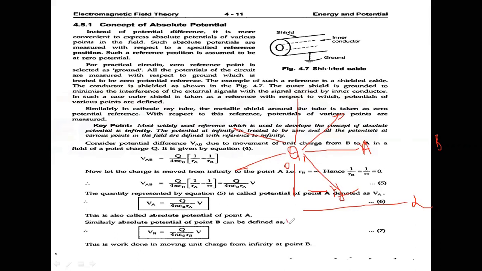We have only the VAB is equal to Q by 4 pi epsilon naught into 1 by RA minus 1 by infinite, because RB, the distance from the origin, is infinite.